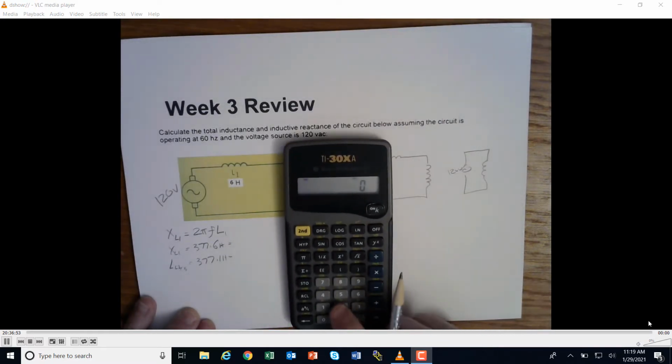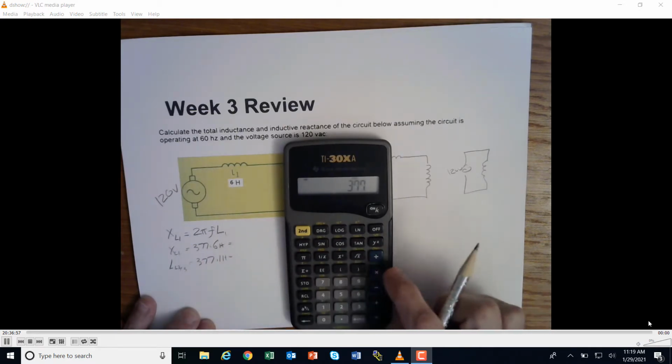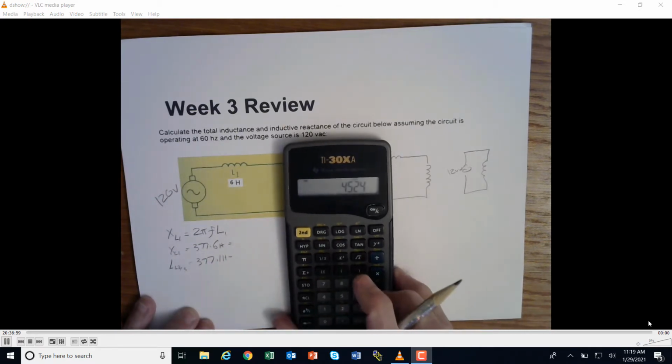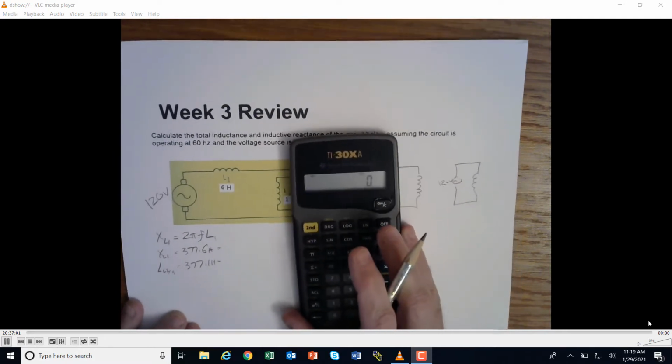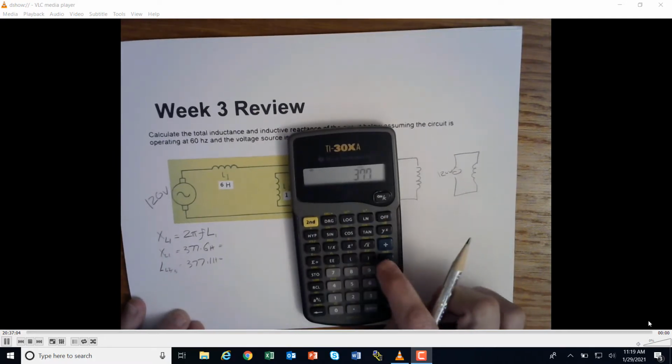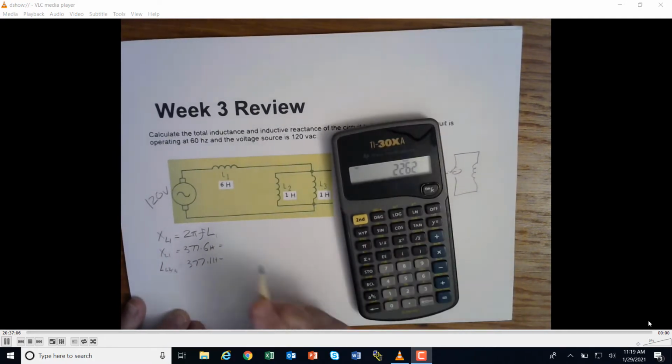And so that is going to give us our inductive reactance for each one of those. So if I go 377 times 6, I get, oh, that doesn't look right, let's try that again. 377 times 6 equals 2262 ohms, and 377 times 1 is 377 ohms.